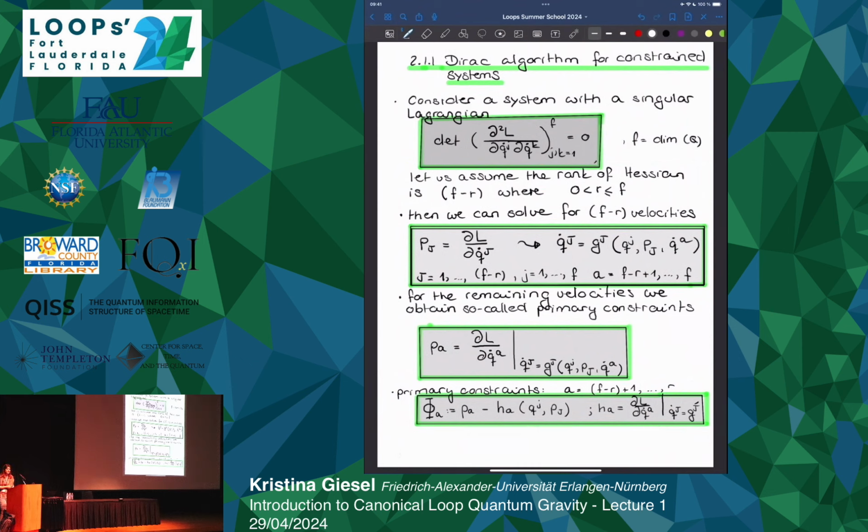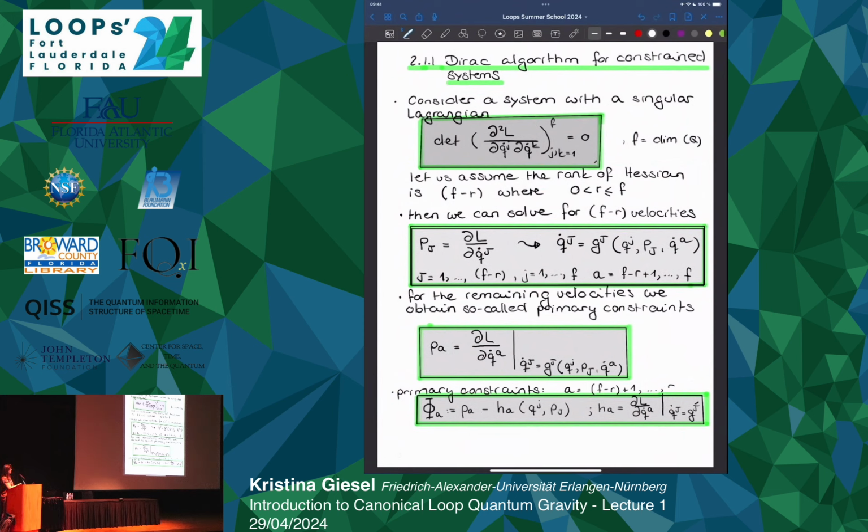If this is the case, we can still solve for a subset of velocities, which I indicated with capital J here. So we build all canonical momenta and solve for the velocities where this is possible, q dot J, and J then runs from 1 to F minus R. So it's not possible for all F velocities.